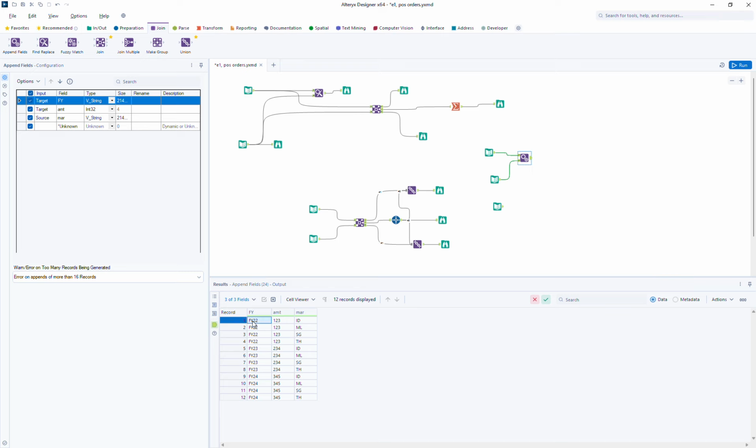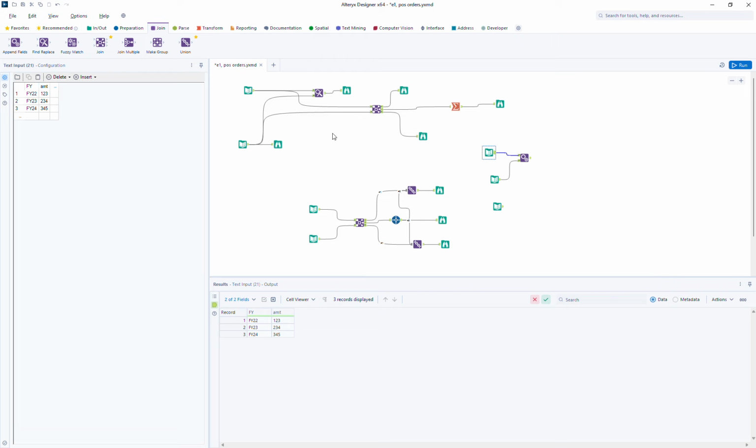You will see the whole FY22 and amount block will be multiplied with all the markets.